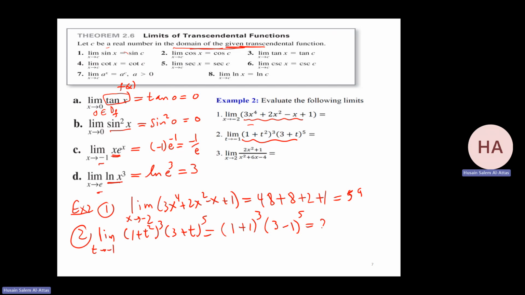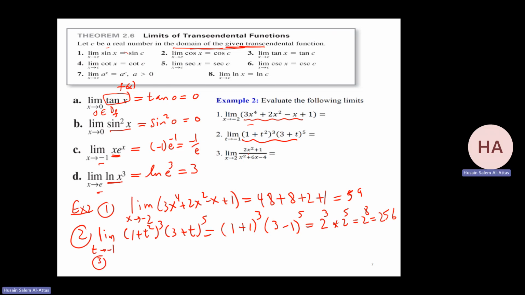That will be 2 cubed times 2 to the power 5, which is 2 to the power 8. What is 2 to the power 8? 256. You can check it: 2 to the power 5 is 32, 64, 128, 256.